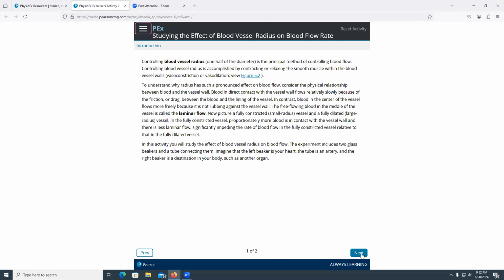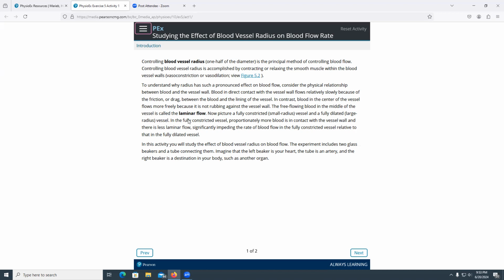So now we're looking at the concepts where controlling blood vessel radius is what enables us to give preference. Where should most of the blood be going? Which of the systems needs more blood supply to maintain homeostasis?